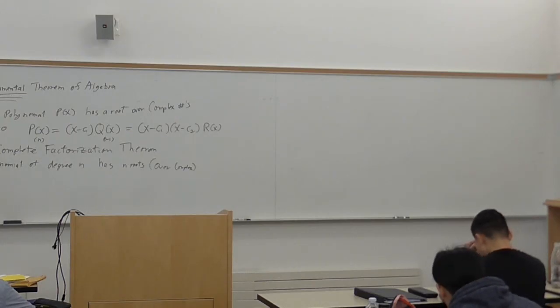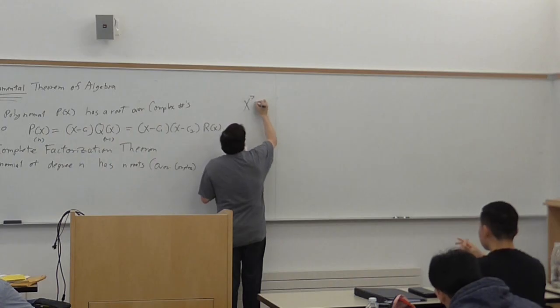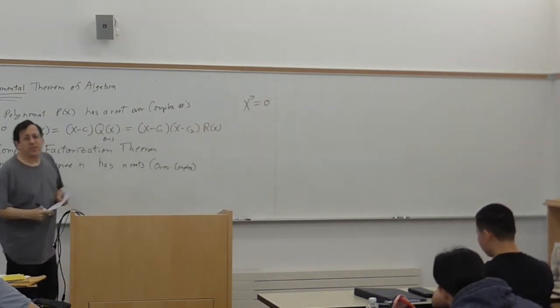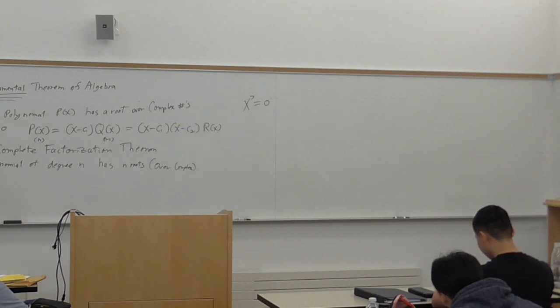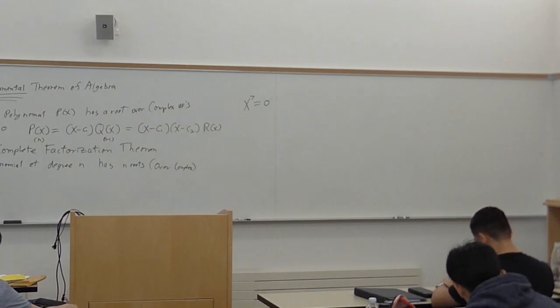Now, I think we talked about this before. They could all be the same, right? X to the 7th equals 0. It has 7 roots. Well, it has root 0 of multiplicity 7. I'm getting ahead of myself. Maybe those roots are real, maybe they're not. If they're real, maybe they're rational.